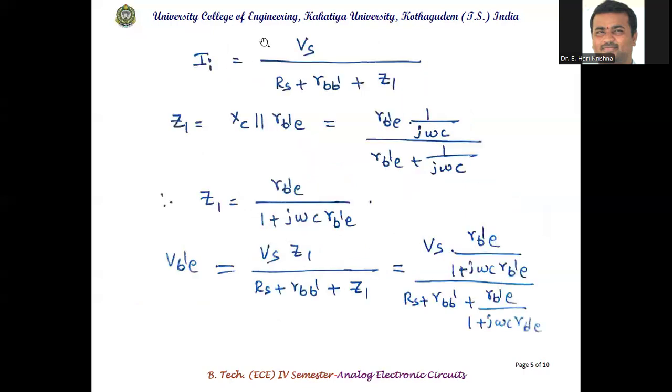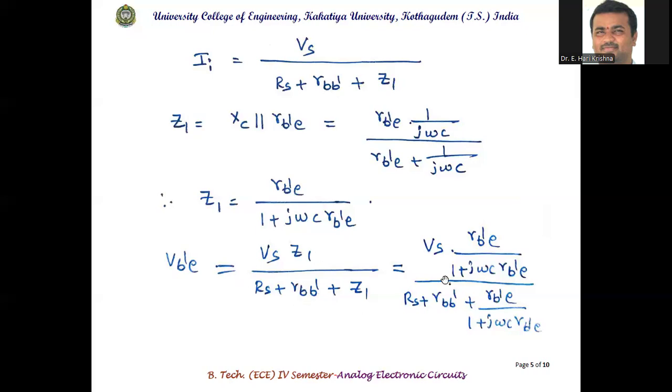Similar analysis will be done for the input side. On the input side, the current flowing through the circuit is the voltage source Vs divided by Rs plus RBB' plus Z1. Z1 is the parallel combination of RB'E and XC, where C is the capacitor in parallel with RB'E. So Z1 is equal to RB'E divided by 1 plus j omega C RB'E. And VB'E is the voltage drop across Z1. So VB'E is equal to Vs into Z1 divided by Rs plus RBB' plus Z1.